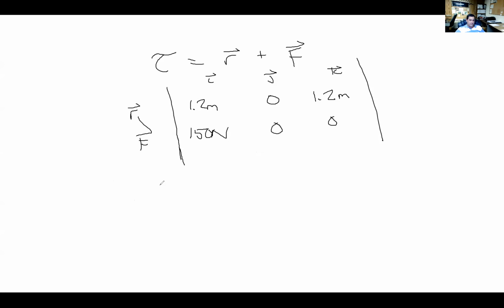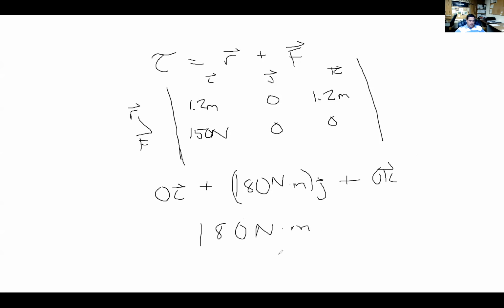So for I, following that setup, it's going to be 0I plus, you end up with 180 newton meters in the J, and then you end up with 0 in the K. So it's 180 newton meters in the J or in the Y direction.